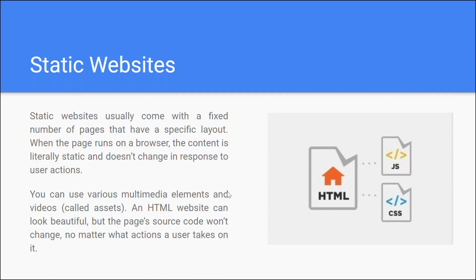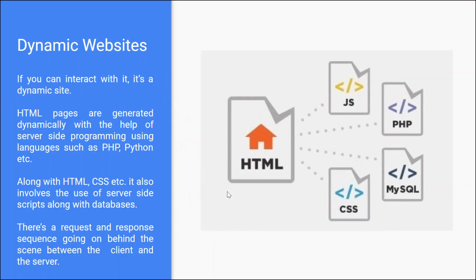Coming to dynamic websites, the components of static websites are here as well, but you have far more components beyond the HTML, CSS, and JavaScript pages. Here you have backend scripting as well. In backend scripting, there are many languages and frameworks you can use for server-side programming, such as PHP and Python.